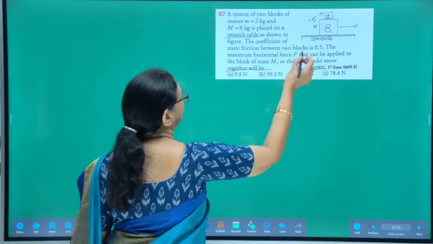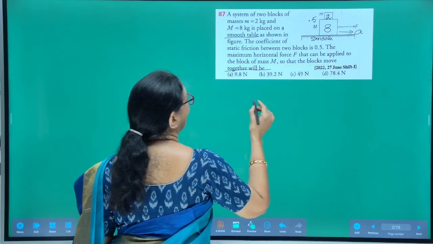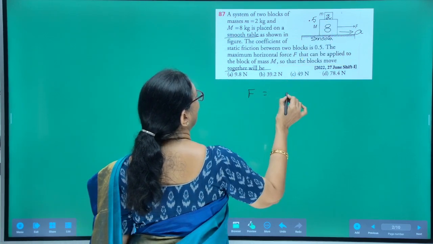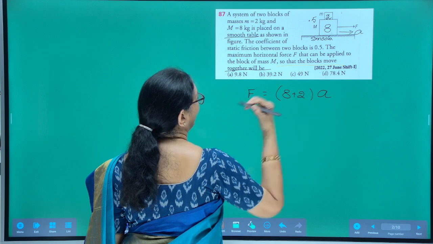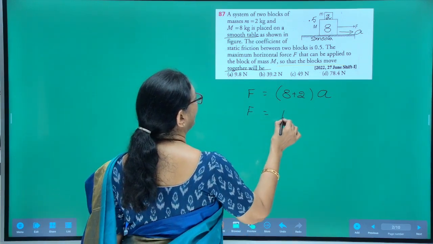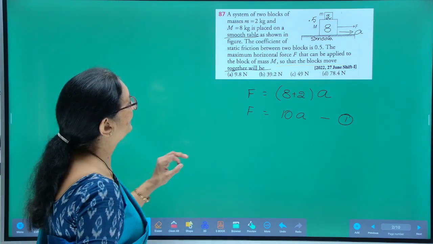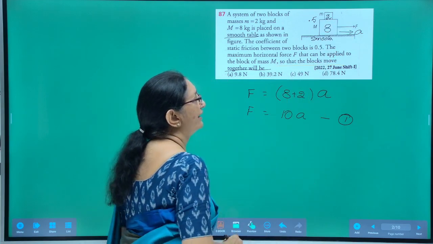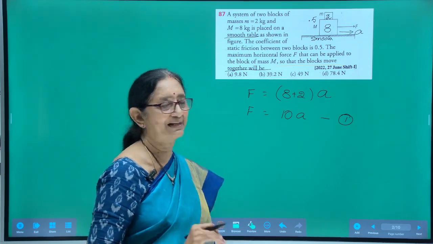Now, here, if this block moves with acceleration A, then F is equal to the total mass it is supporting, 8 plus 2 into A, right? So F is equal to 10A, that is equation 1. The next thing is between these two, the frictional force sets the upper block to slide with some acceleration.